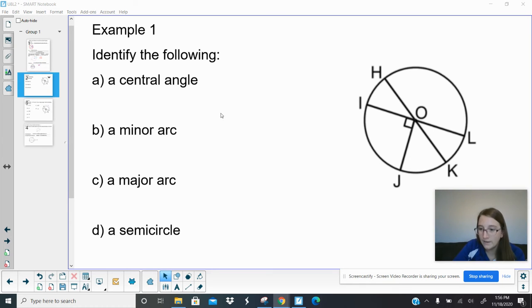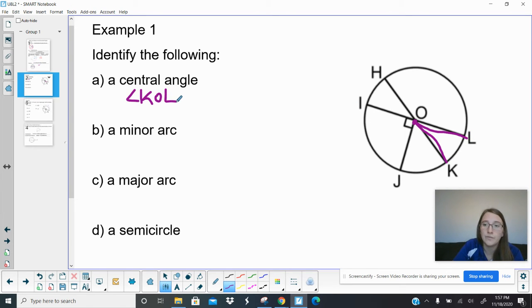I am going to name 1 and then you guys can name another. So I'm going to name one central angle. So this is just any angle that starts at the center. So here's my center. I'm going to say angle KOL. There are a lot of other angles.